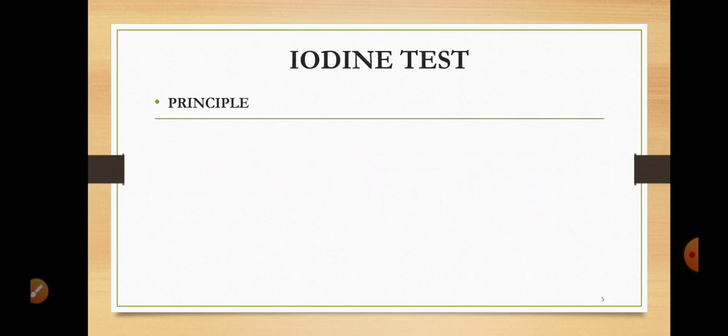Next comes the iodine test. Here the major reagent we are using is iodine solution only. So how is this iodine solution prepared for this test? A 2% solution of potassium iodide is prepared.